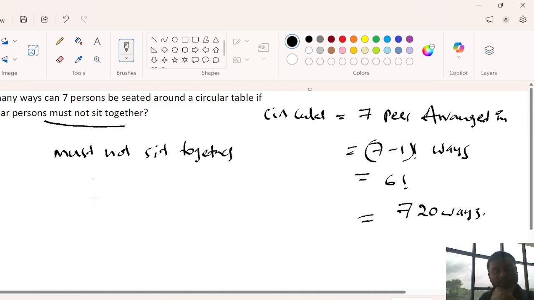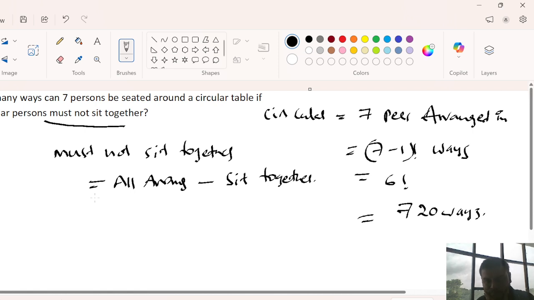Must not sit together can be written as all arrangements minus sit together arrangements. Two persons sitting together: totally 7 people are there, so 5 people will be there, and these two people will be sitting together.